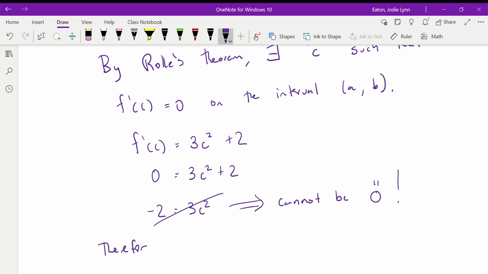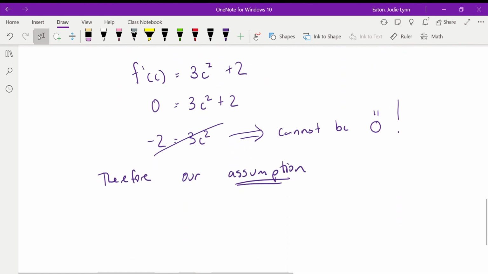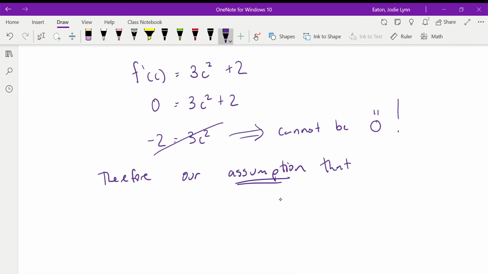Therefore, our assumption, that there exists a b such that f of b equals 0, cannot be true.